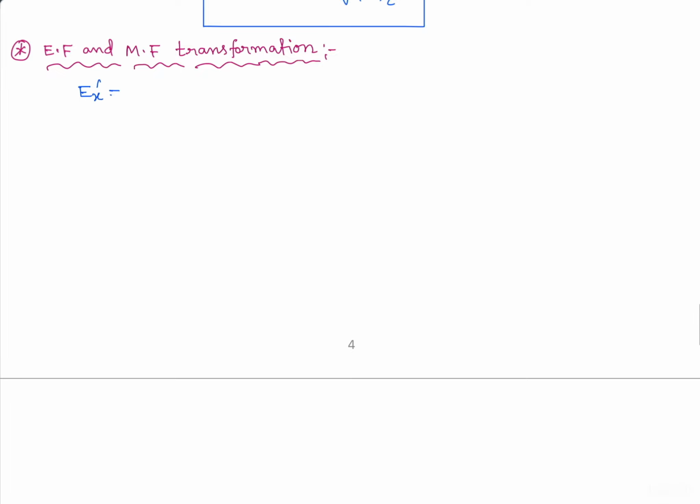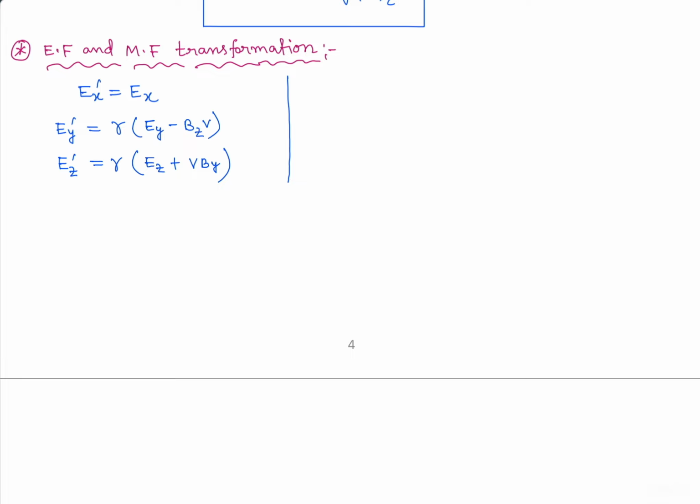Ex' equals Ex, when the S' frame is moving along the x axis. Next, Ey' equals gamma into Ey minus Bz v. Ez' equals gamma into Ez plus v By.